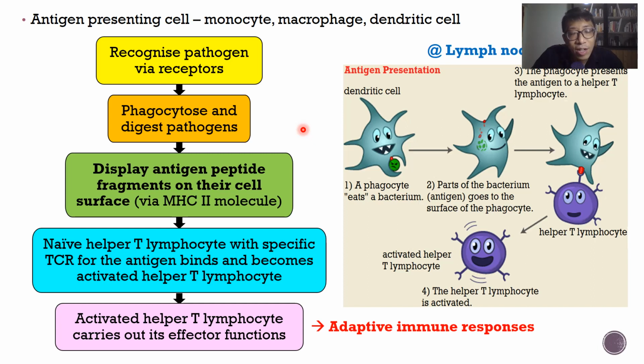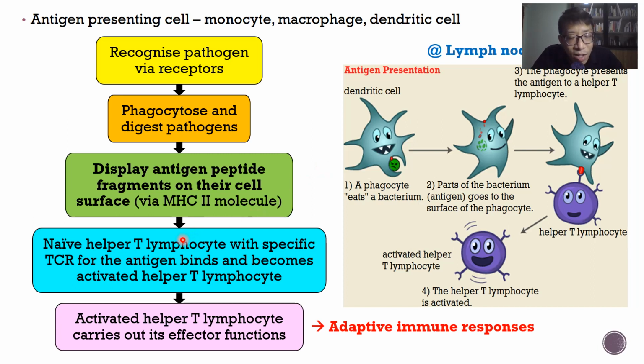Just a bit of explanation for some of the terms. Naive here refers to unactivated cells. You're going to see this word naive later for the T cells and for the B cells as well, because cells of the adaptive immune system need to be activated, so before they are activated, they are described as naive.